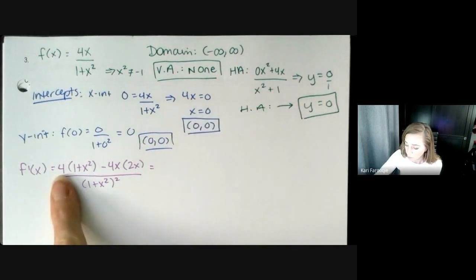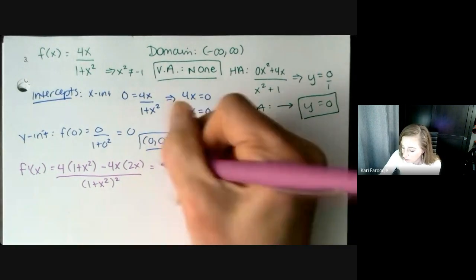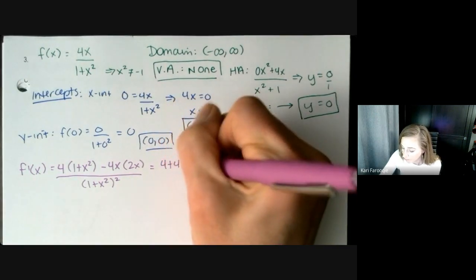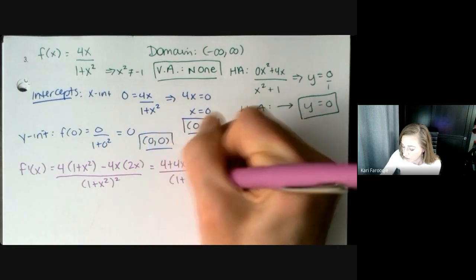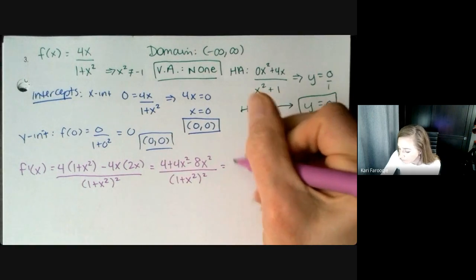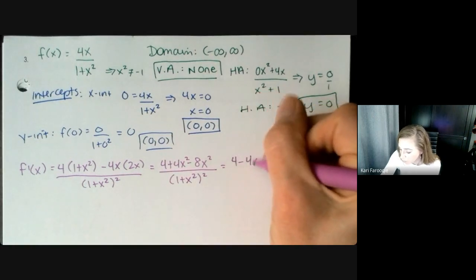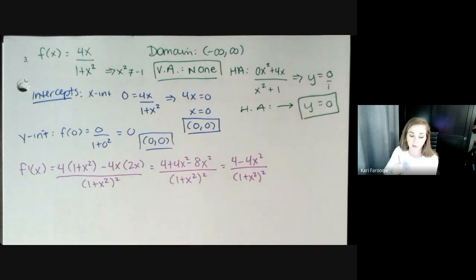So you're going to have 4 plus 4x squared minus 8x squared, divided by your denominator squared, is 4 minus 4x squared divided by your denominator squared. This is f prime.